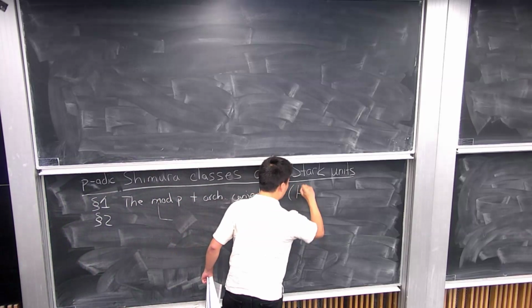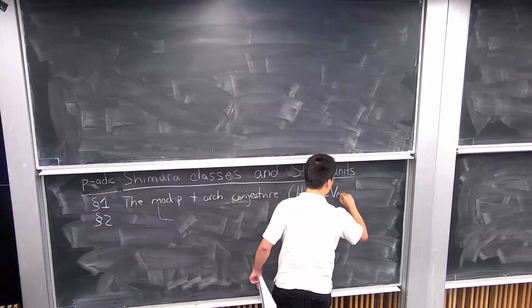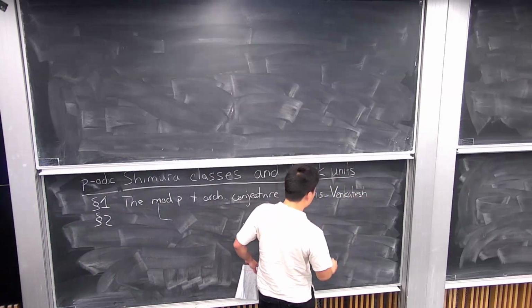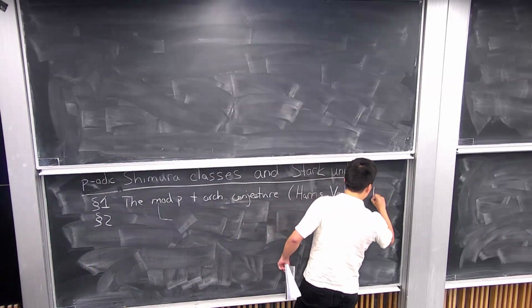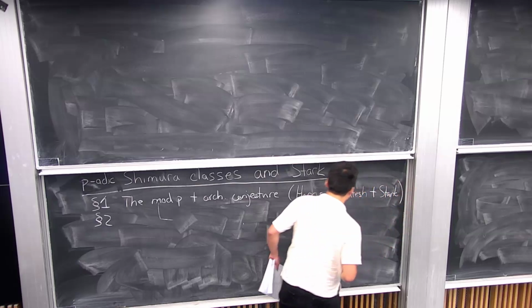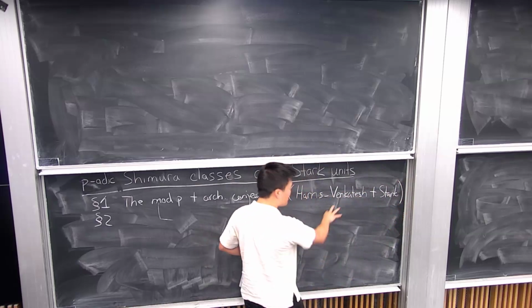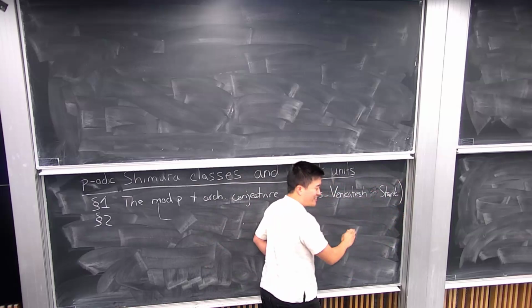So I will call it Harris-Venkatesh plus Stark. And maybe some of you have heard my bad joke multiple times now, but I like to write it in terms of this sort of Euler characteristic, but I don't want to be subtracting Akshays.